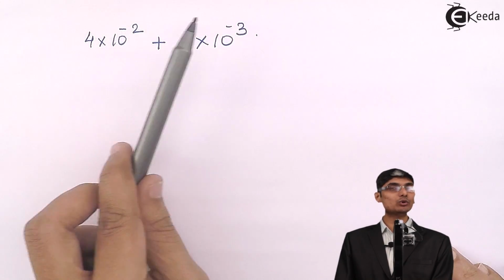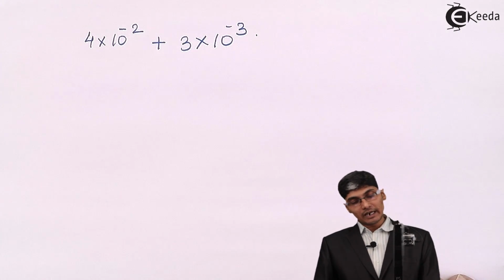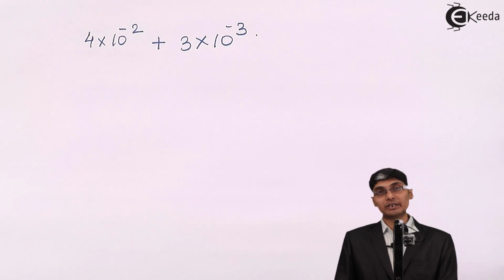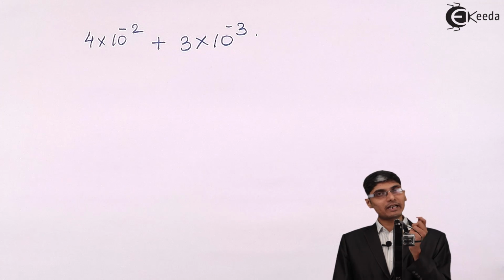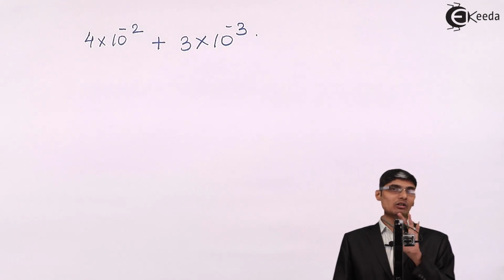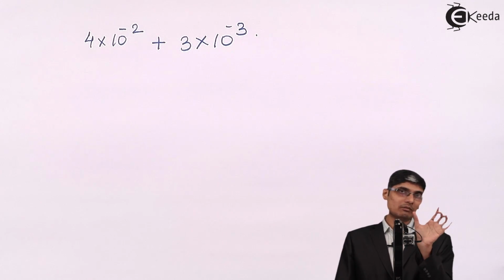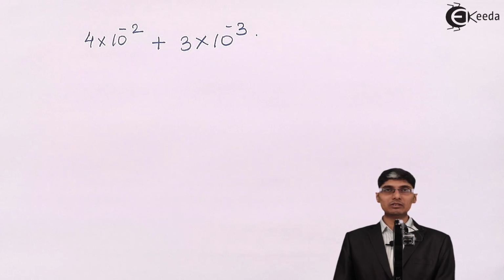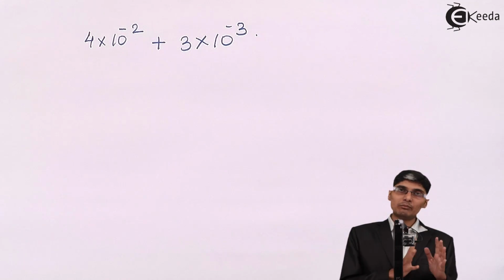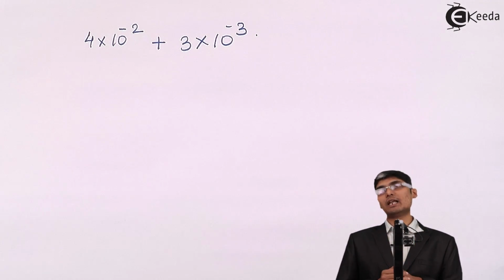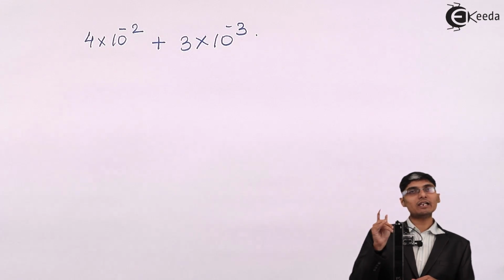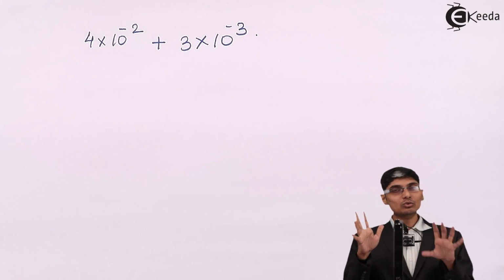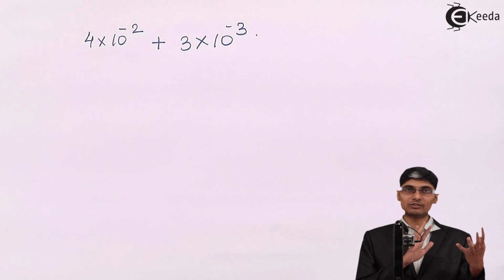So what I need to do is adjust the characteristic or the exponent. Once the characteristics are matched, once they are the same, then only I can add the numbers. In floating point numbers, the same concept applies. If the characteristics are not the same, you need to make them the same first.